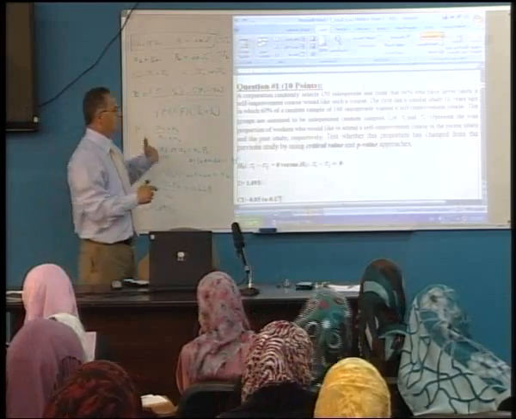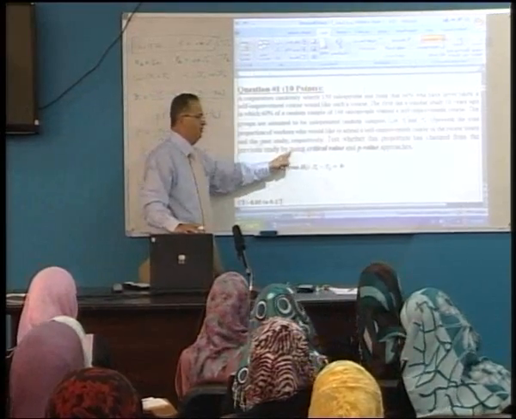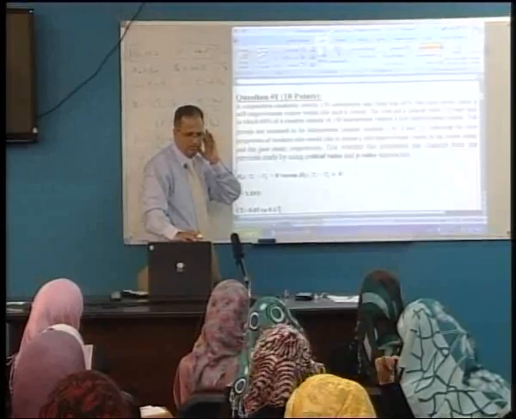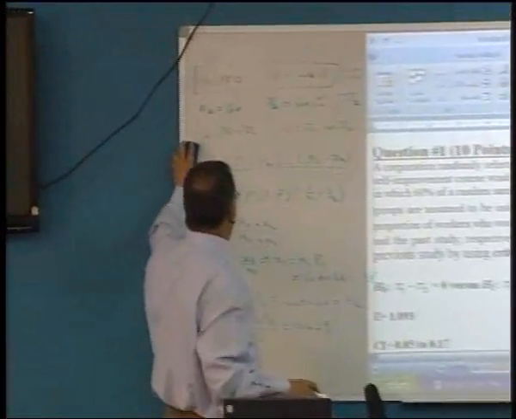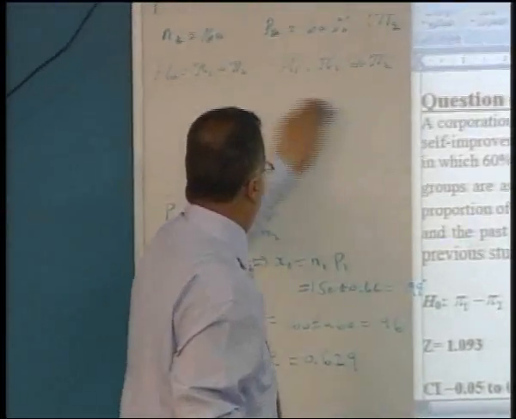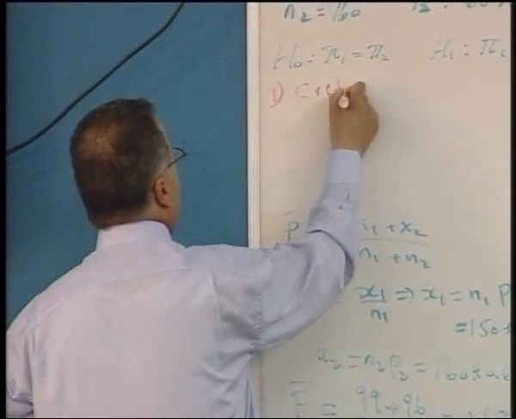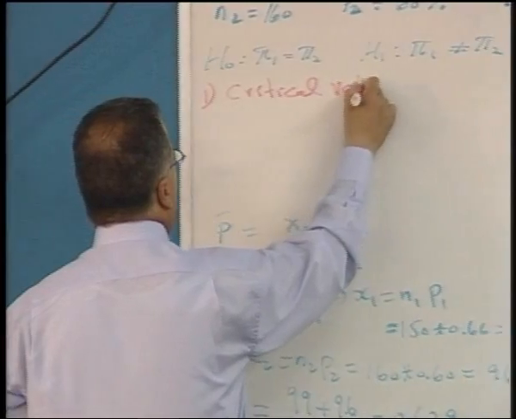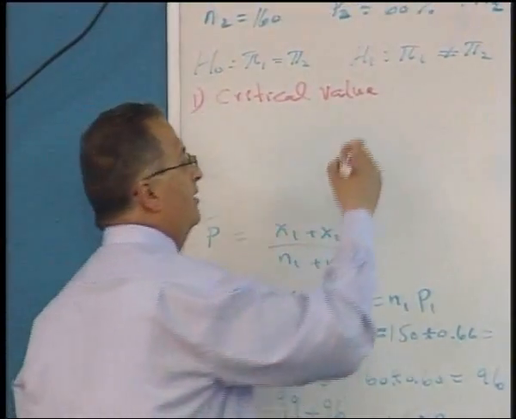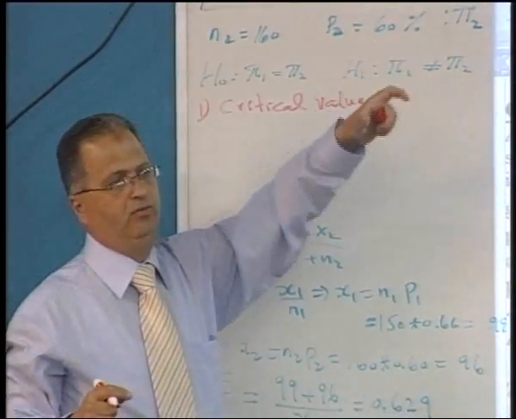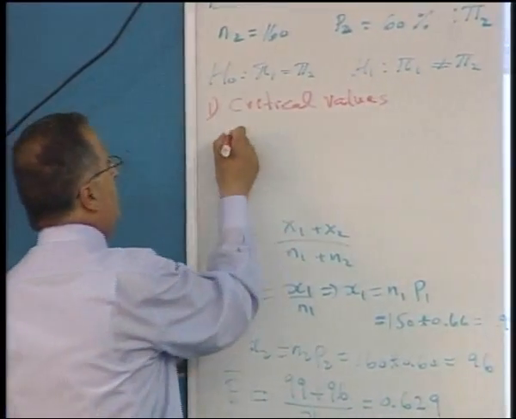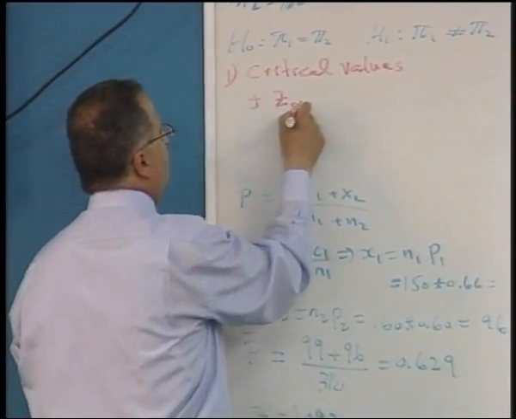We are asked to do this problem using two approaches, critical value and p-value. Let's start with the critical value approach first. Since we are talking about a two-sided test, there are two critical values, which are plus or minus z alpha over 2.